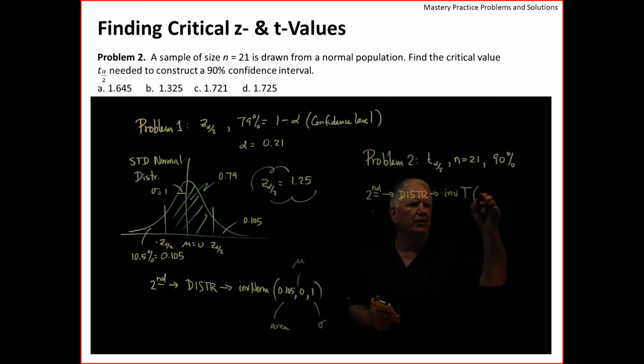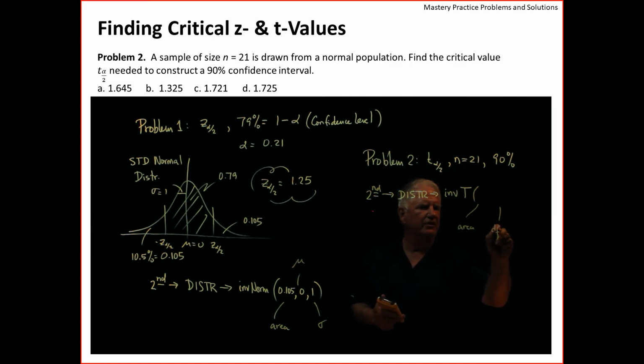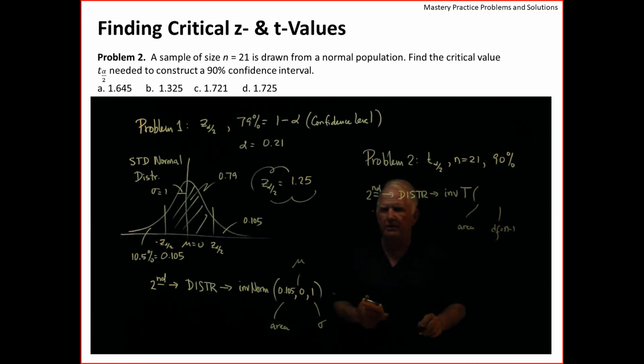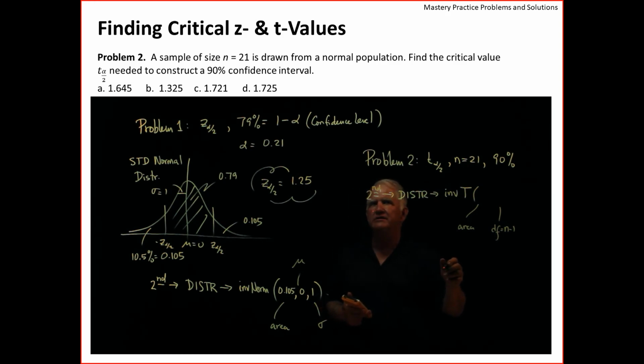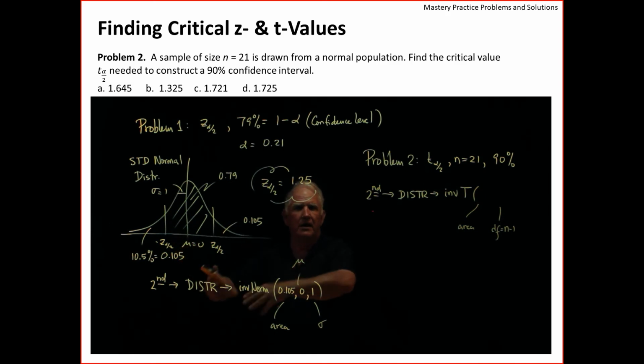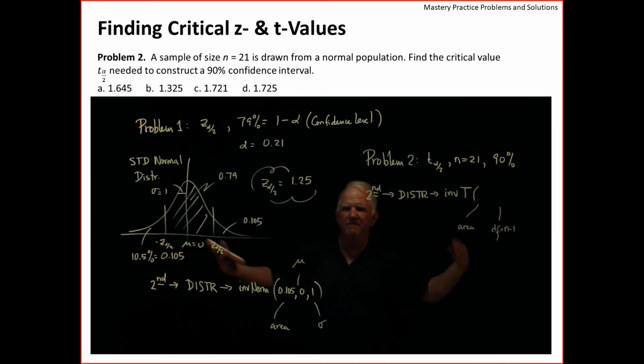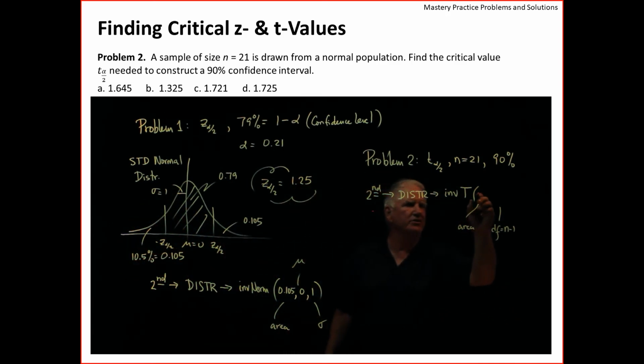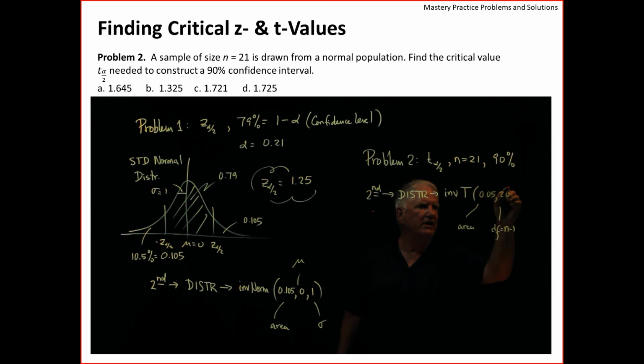It is going to look for area and degrees of freedom. And degrees of freedom are simply n minus 1. So if I'm 90% in the center, I'm 10% outside. I'm 5% in each wing. So the area that I'm going to enter here is 5%. The degrees of freedom, n minus 1, is 20.